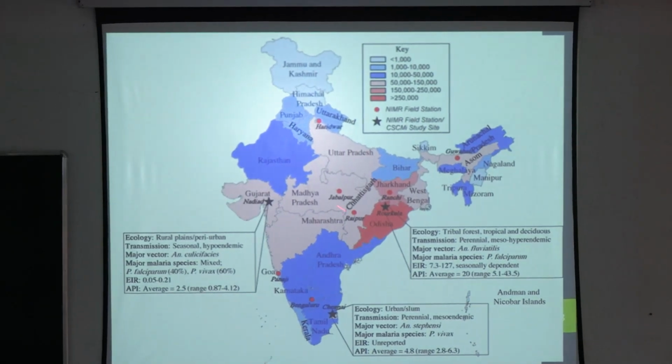So in these jungle and tribal forest areas is where the highest falciparum is spread. Here falciparum spreads more than vivax, so a severe form of malaria occurs here.